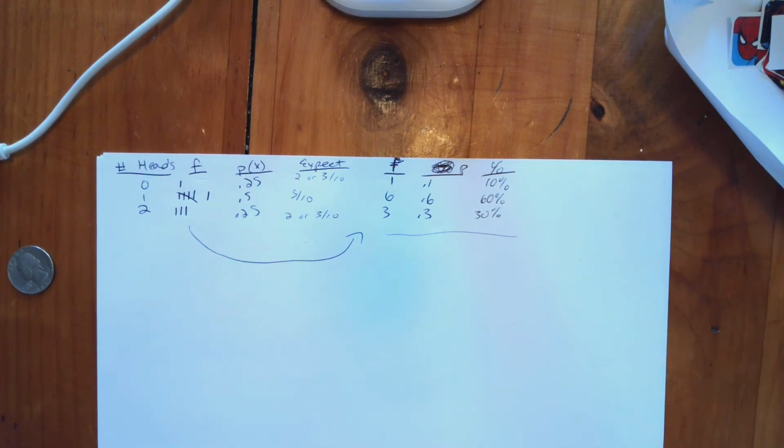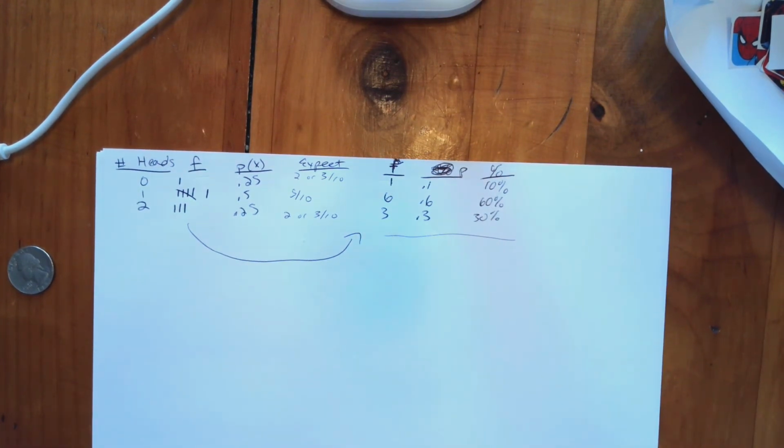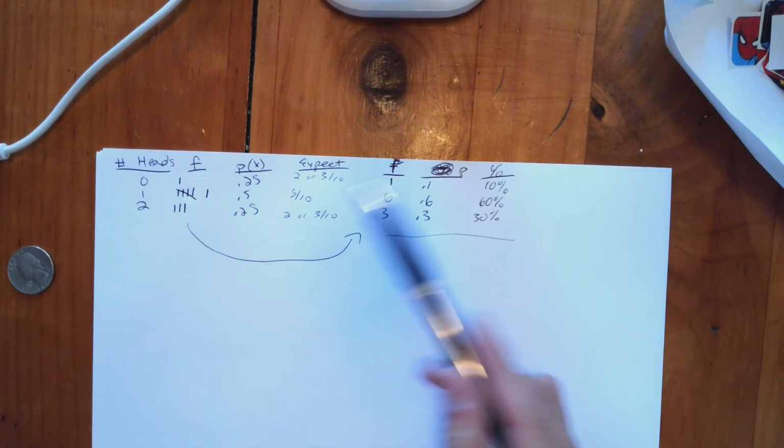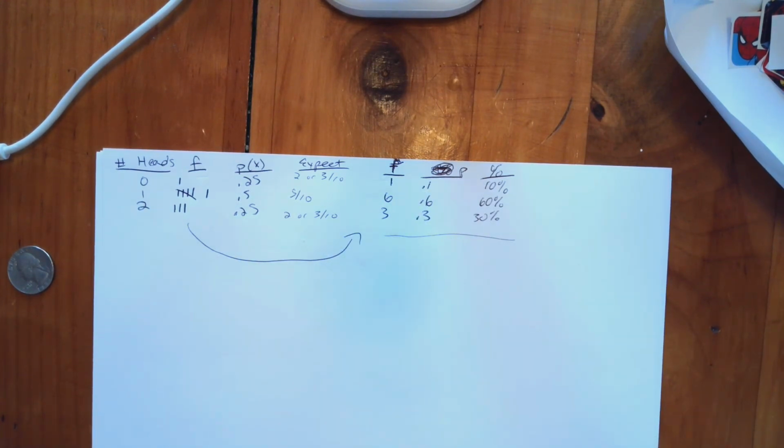Because with that many different coin flips, it's unlikely that you're just going to happen to get, say, 2 heads, more times than you'd expect. Unlikely things tend to even out when you have a large number of events like that. Now imagine that you flip it 1,000,000 times. So the more times you flip the coin, the more likely it is that your distribution is going to look like the probability distribution.